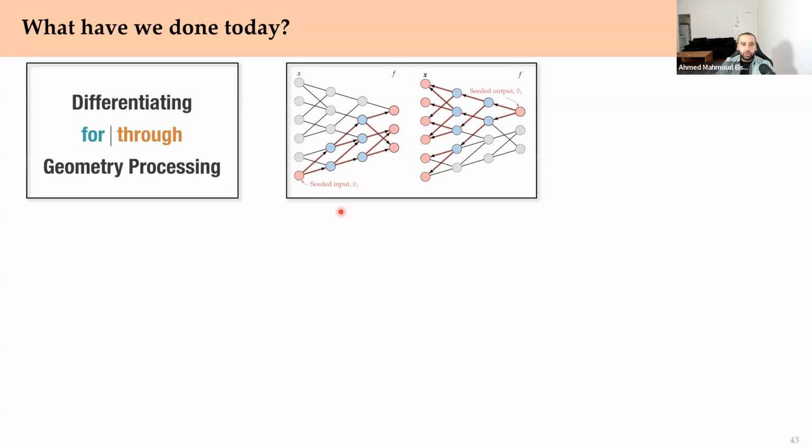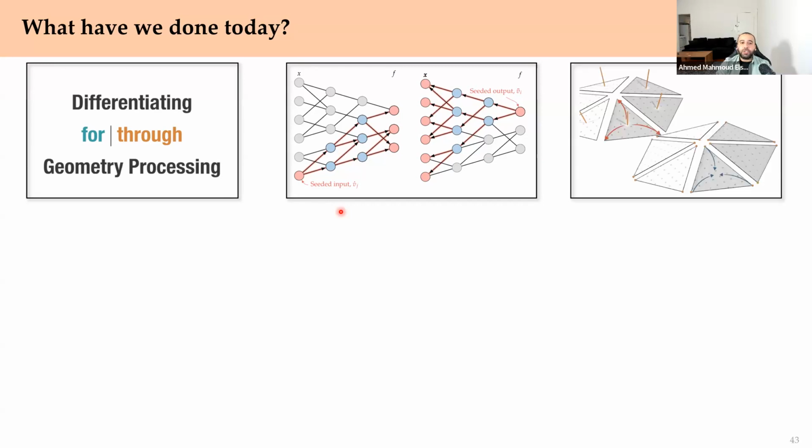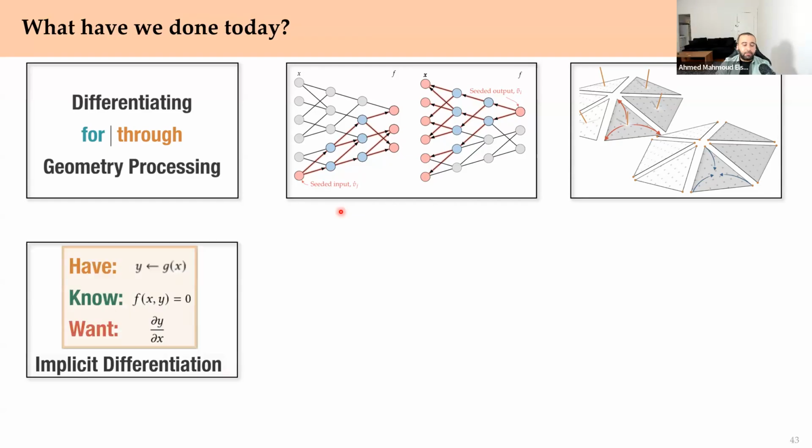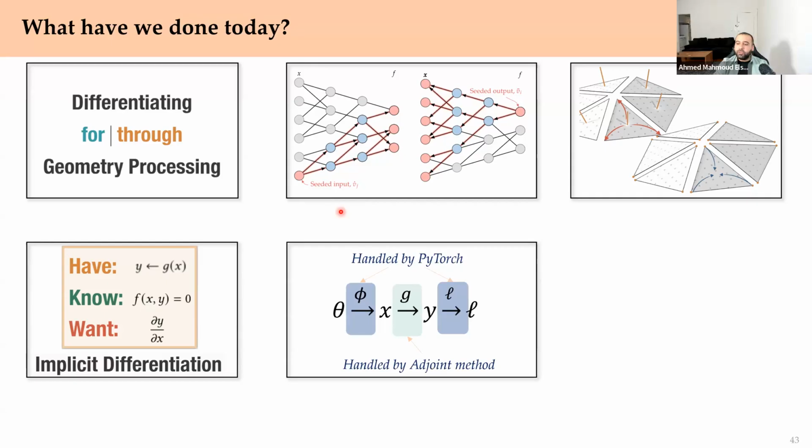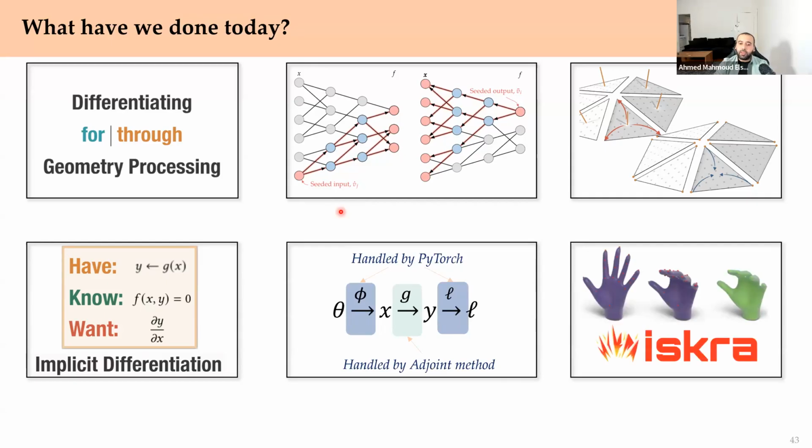We also did a little preview of the building blocks of automatic differentiation, and the most important one is the difference between forward and backward automatic differentiation. We looked at how to express geometry processing in the language of tensors. Then we looked at implicit differentiation and how we could put this in code using PyTorch, and then we put everything together in one end-to-end example. All these pieces that we talked about are available in Iskra.